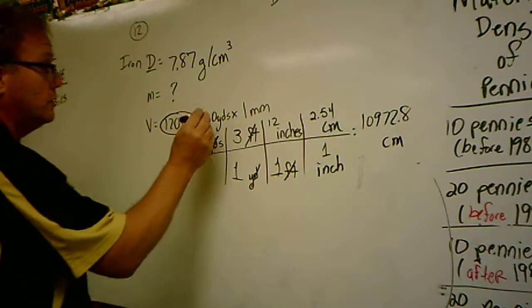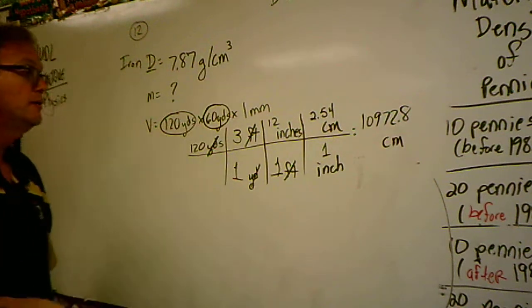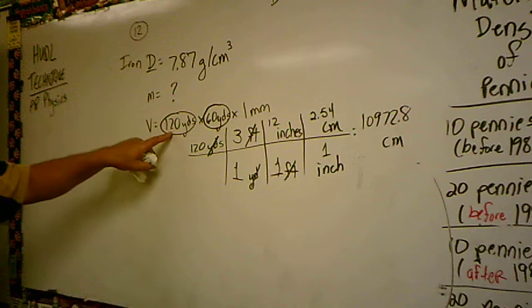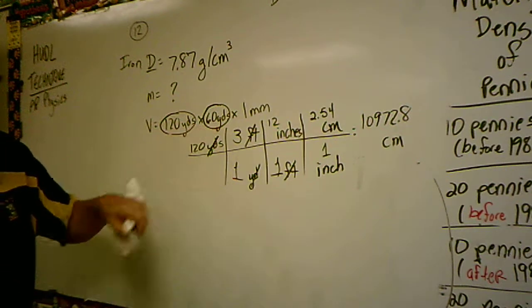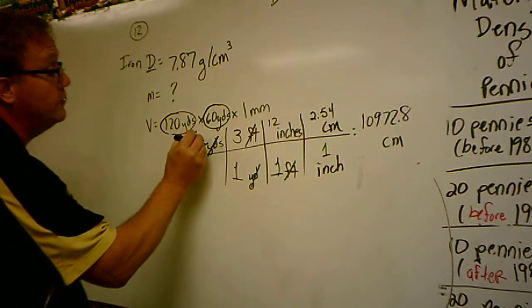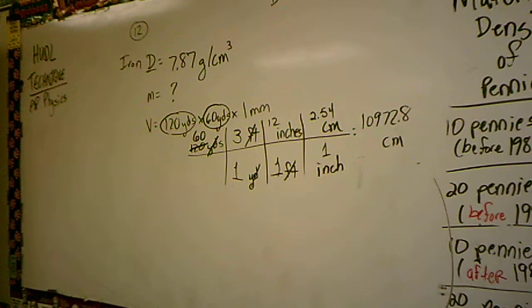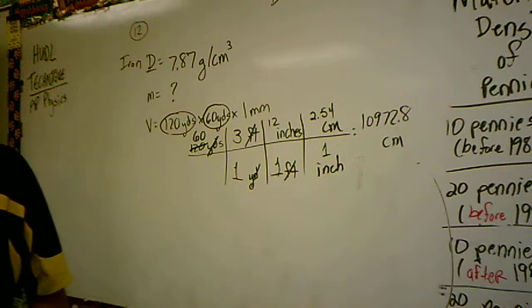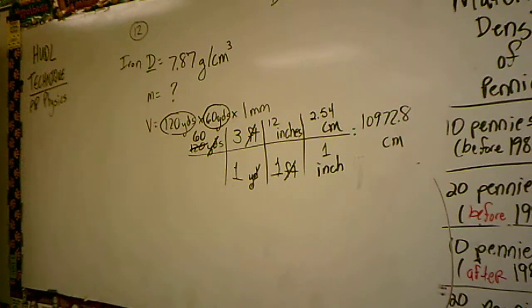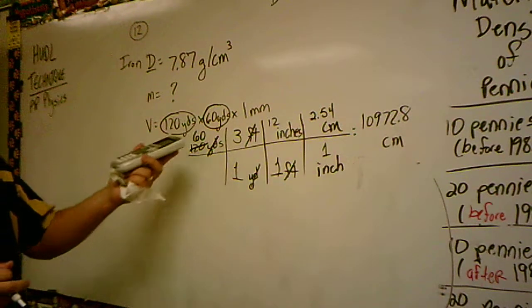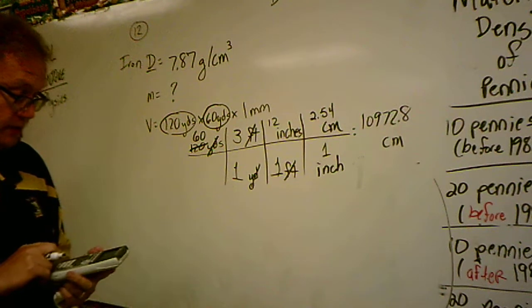Now, if you kind of look at your number here, this number is half of this number. So I am just going to substitute a 60 so I don't have to put any additional work in. And we will have to only divide by 2 because this is half of 120.